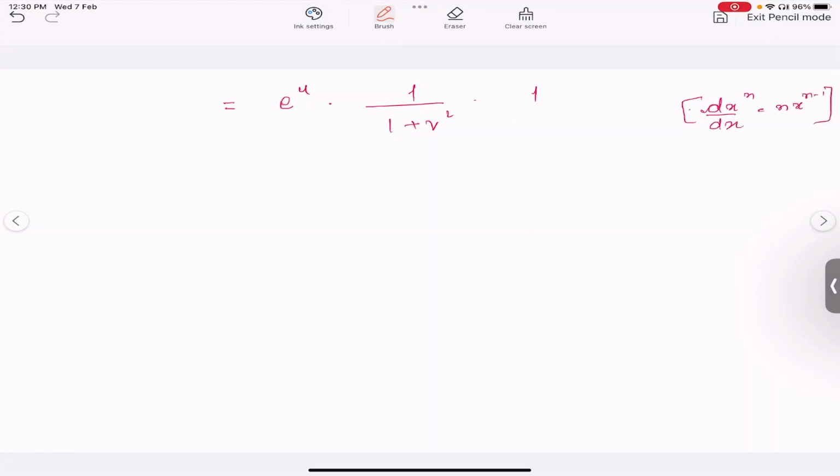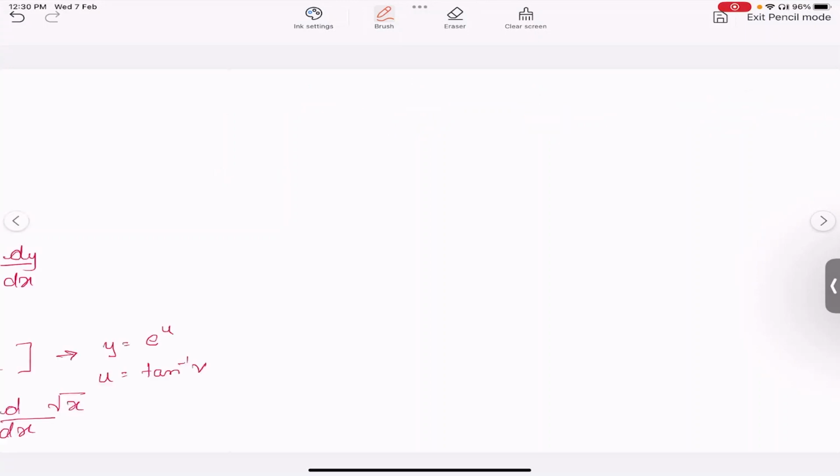This is the derivative formula that we are using. So it will be 1 by 2 x to the power minus 1 by 2, which can be written as this thing. So this is what we have. Now what we are supposed to do, we'll substitute the values.